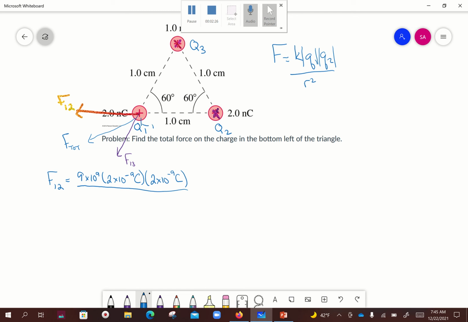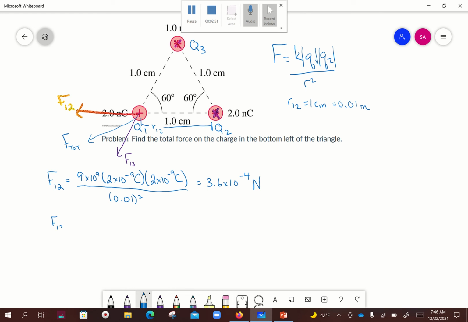R12 is the distance along the length of the bottom, so R12 is 1 centimeter. I need to put that into the correct SI unit, so I convert that to meters, 0.01 meters. And if I do that, I get 3.6 times 10 to the minus 4 newtons.